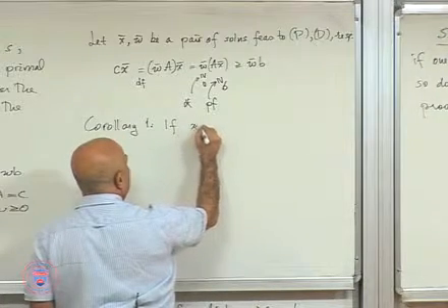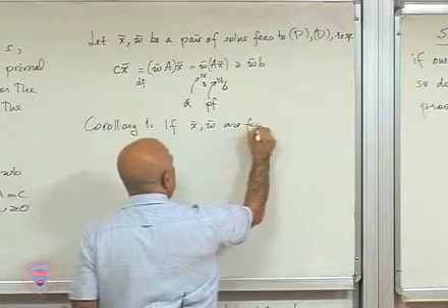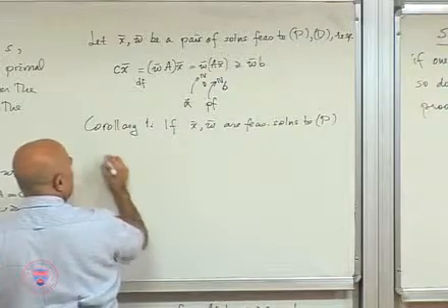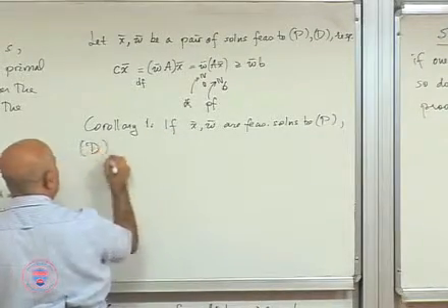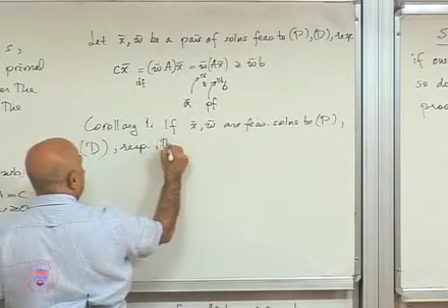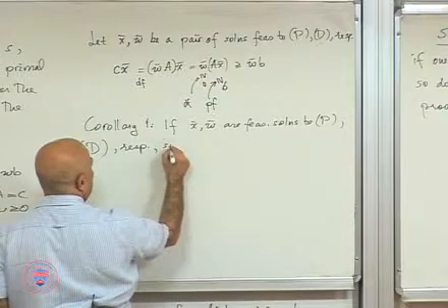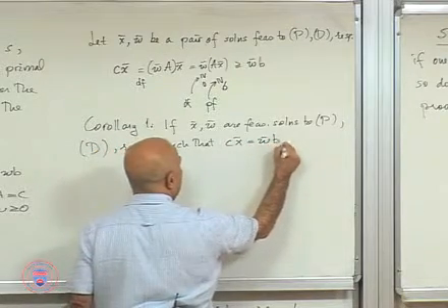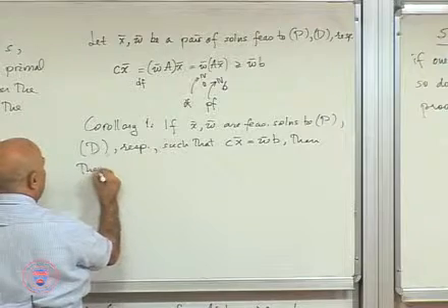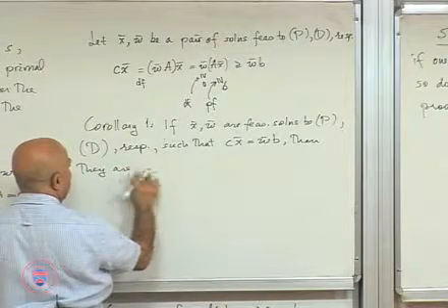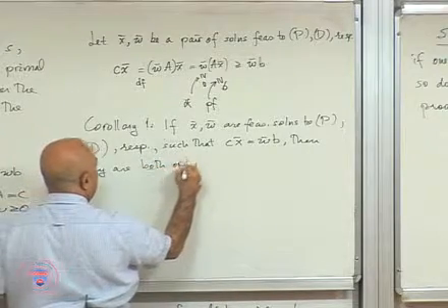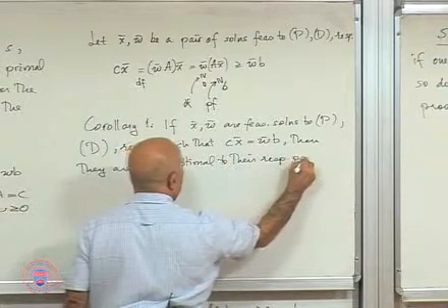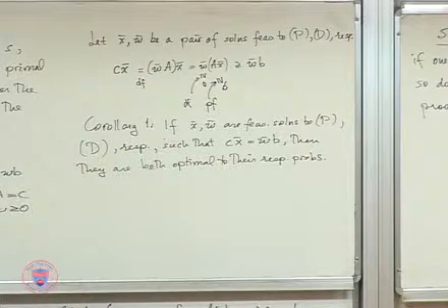If x bar, w bar are feasible solutions to P and D respectively, primal and dual respectively, such that their objective values are equal, then they are both optimal to their respective problems.